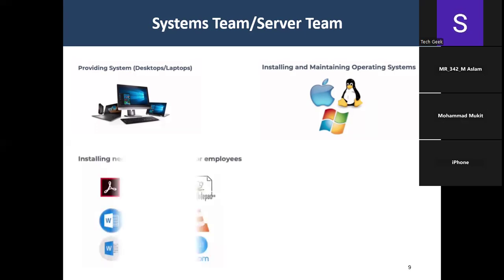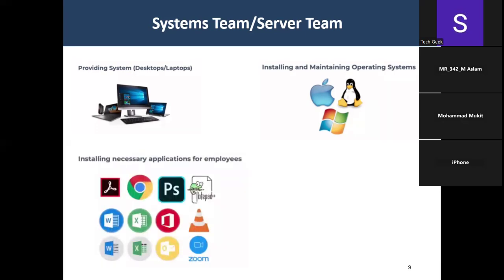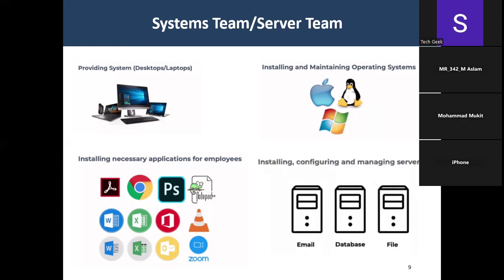They install the different applications required on the project, and they install and maintain database servers, email servers, or file servers. This is the basic requirement from the system team, where they do these operations day by day. This is how it works.